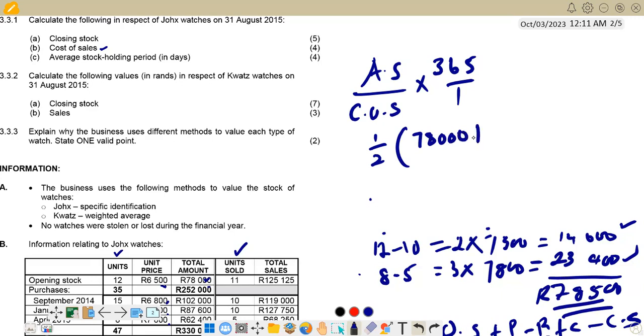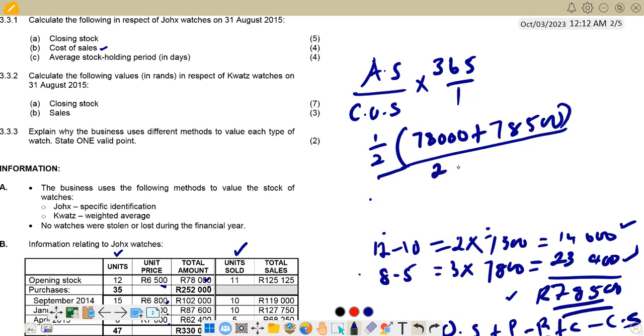Then our closing stock is the one that we got here, 78,500. Then we divide by the cost of sales now. So our cost of sales is the figure that we've just calculated as 251,500.